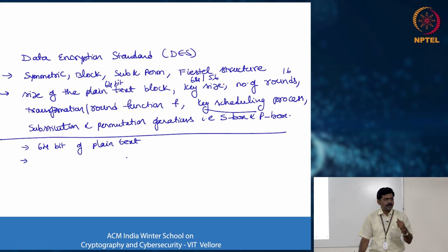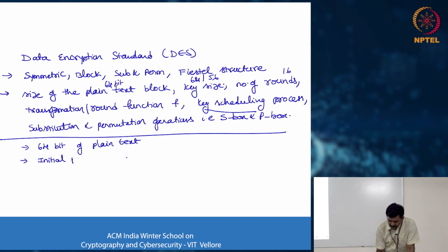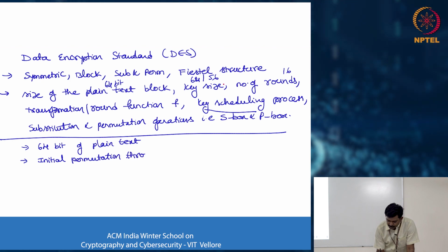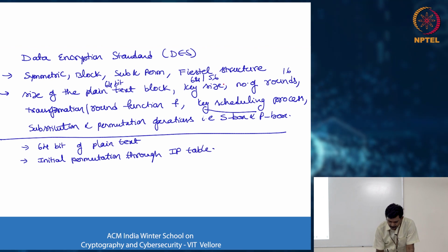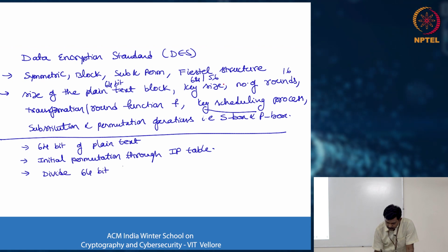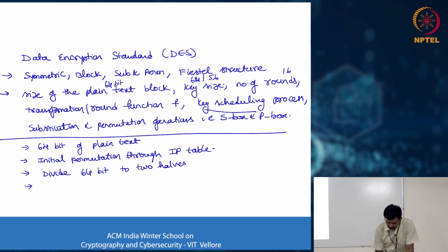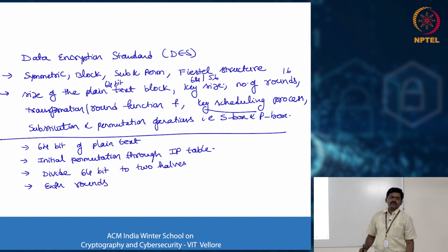We are discussing one block. Then what you did next? Initial permutation through the IP table.